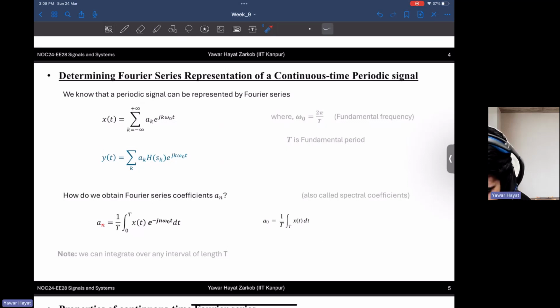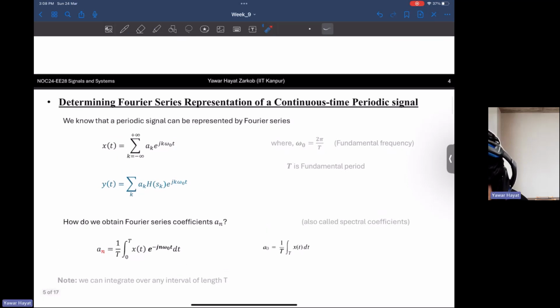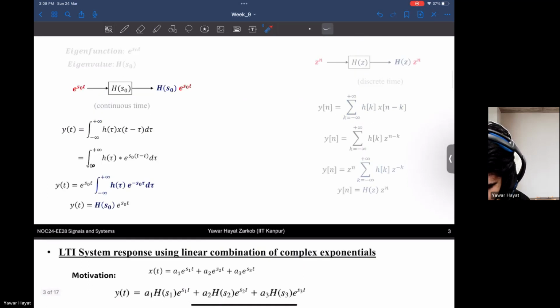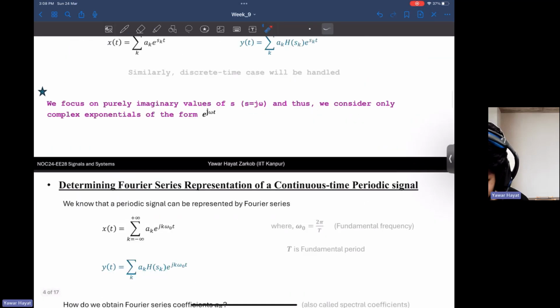The output would then be summation over k, a_k, H of s naught e to the power s naught t.